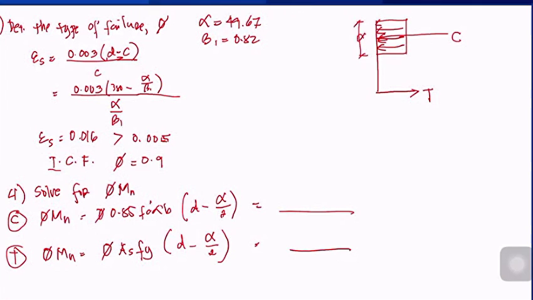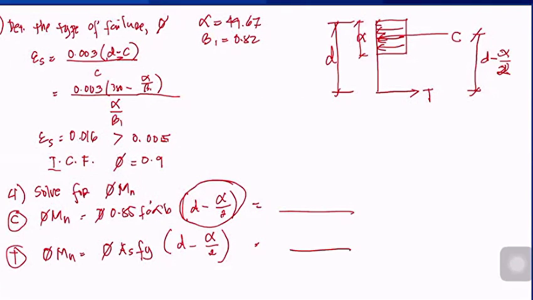And this is d, right? This is the effective depth. So this distance is d minus alpha over 2. So this is its moment arm, which is why there is d minus alpha over 2 here.